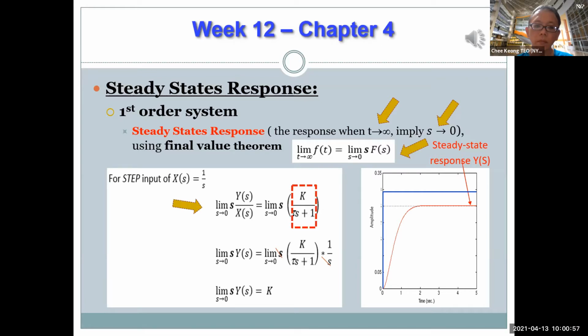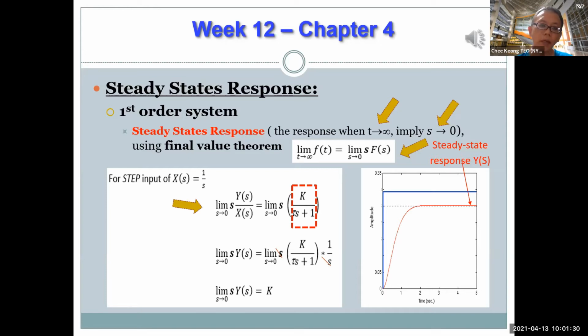If we apply the final value theorem on the first order system, k over tau s plus 1, we multiply by s and take the limit as s approaches 0. Bringing X of s, the input unit step function 1 over s, to the right-hand side, the s term cancels with 1 over s. If we set s equals to 0, the final result is the steady state response for the first order system is k.